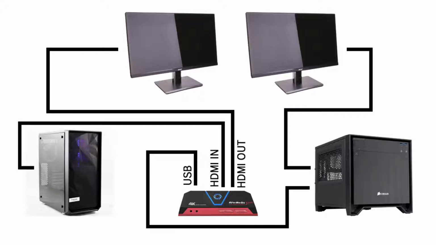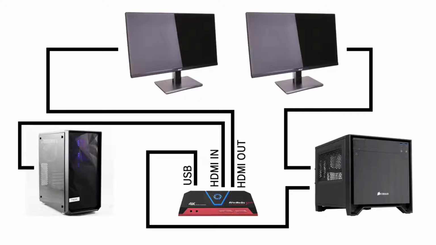So my capture card in particular is the AverMedia Live Gamer Portable 2 Plus. And it's that red trapezoid that you see in the middle of the screen there. So I also have two Acer monitors. They're identical. Right now my setup is currently HDMI in.